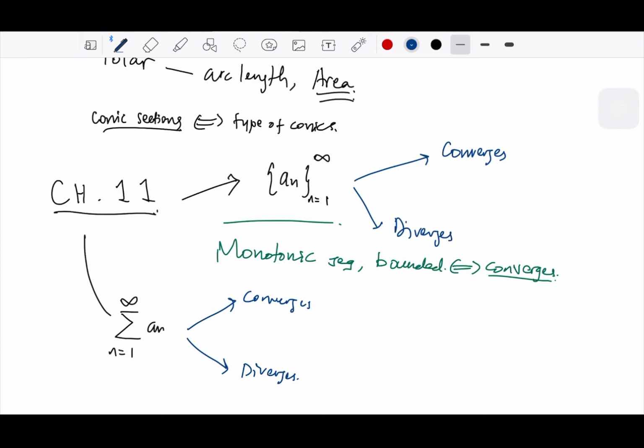And you need to distinguish between the series and the sequence. The sequence is just an order. The series is when you are adding. But we can represent the sequence inside the series, right? So we have a sequence, and we add all the terms of the sequence, which becomes a series.